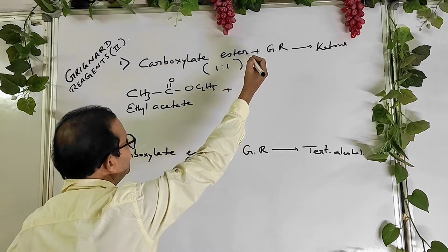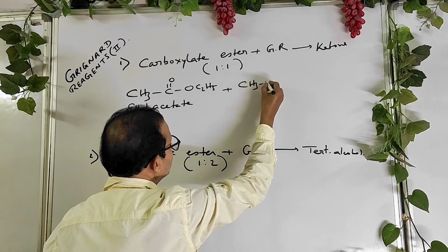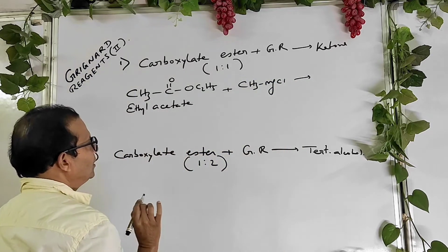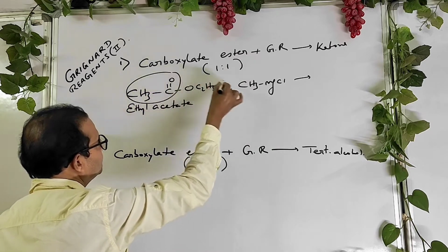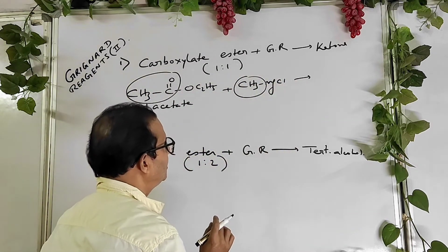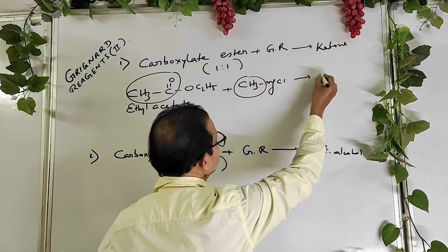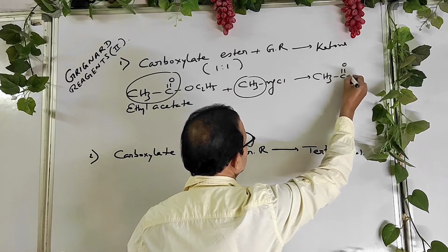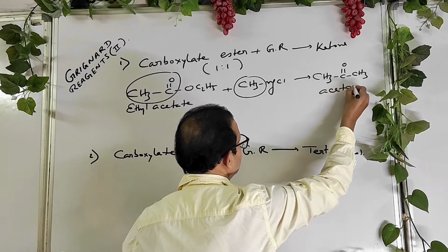When it reacts with Grignard reagent, you can take any Grignard reagent. Then at first you get ketone. Remember, the alkyl group should be in the part of ketone. So you get acetone.